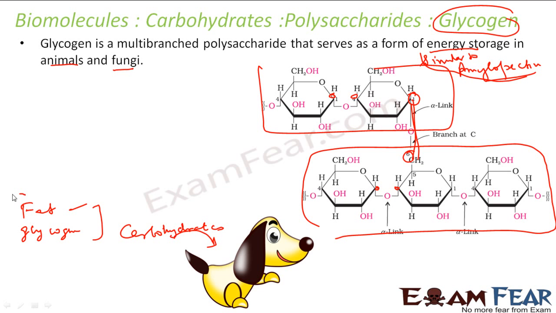For energy, fat is the first storage, because if the body needs energy, it will first break the fat into energy, and if it doesn't have enough fat, then it will break the glycogen into energy. It is present in the liver, muscles, and brain. When the body needs glucose, enzymes break glycogen to glucose. It is also found in yeast and fungi.